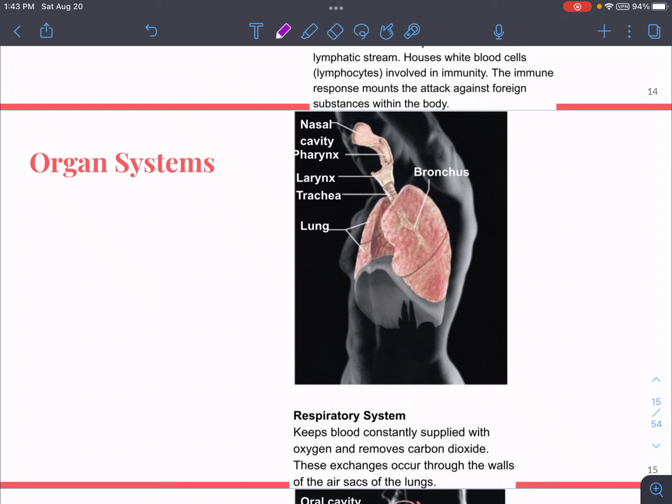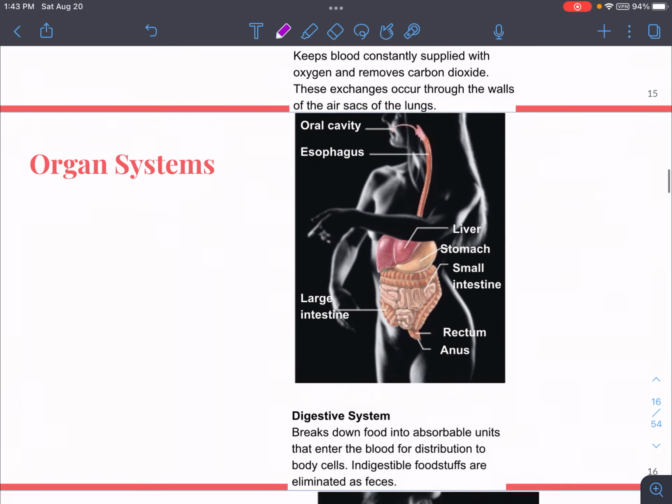We have our digestive system. Your digestive system is what breaks down food, and it helps to absorb nutrients while the food travels through your small intestines and then into your large intestine.